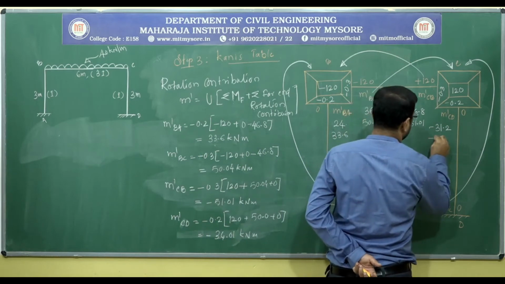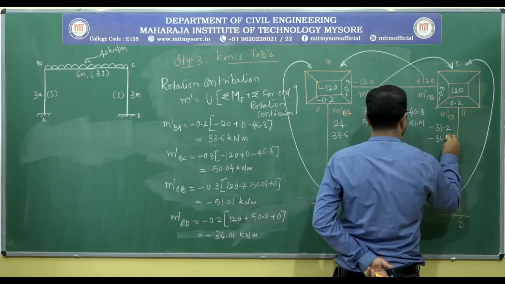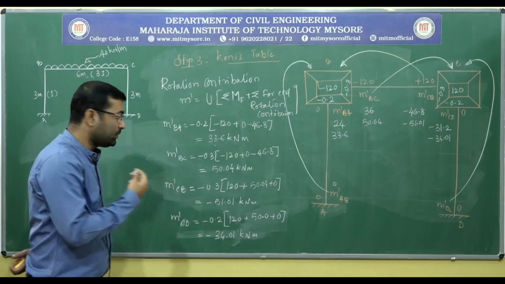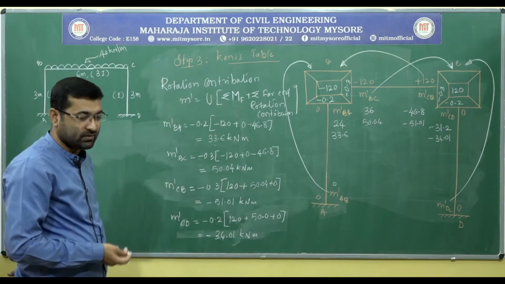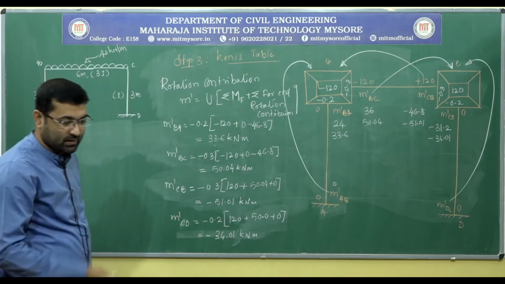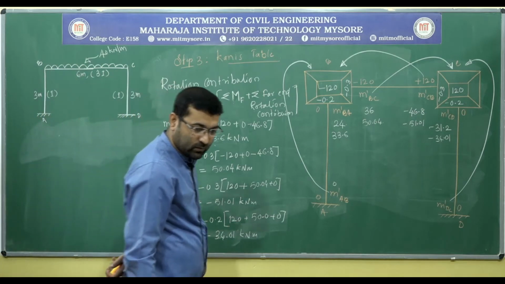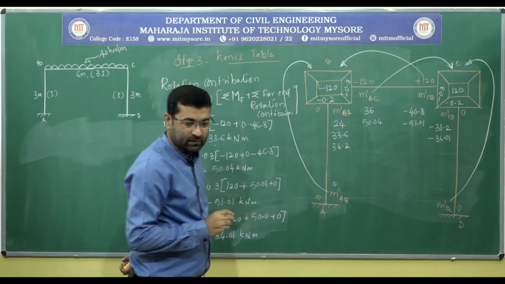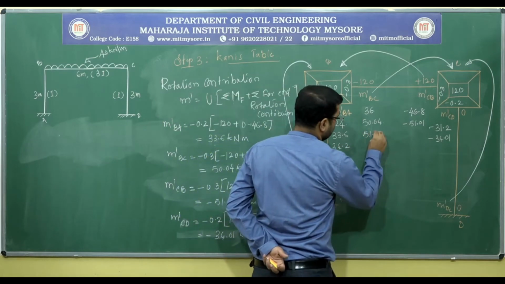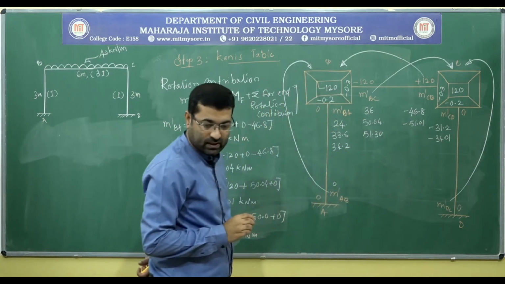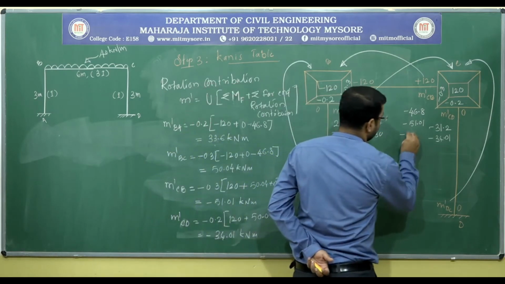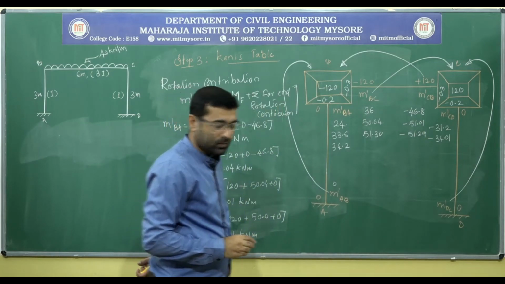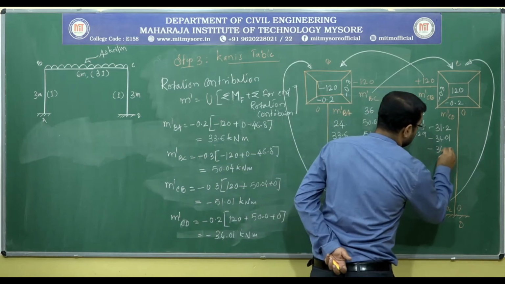So this is minus 34.01 kilonewton. If you keep on repeating these cycles, you will get the rotation contributions in the next cycle as 34.2, 51.3, 51.30, then 51.29, 51.29, then 34.26, minus 34.26.